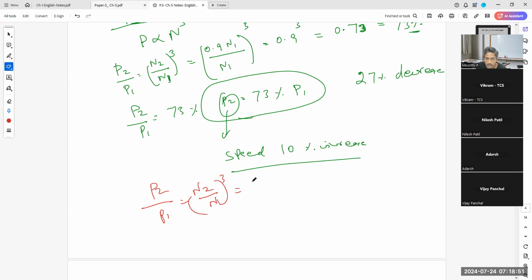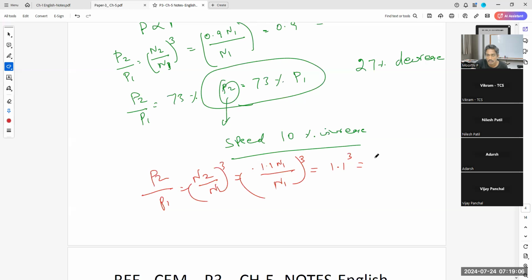Tell me the value. N2 is 1.10 times N1, whole cube. N1 cancels. 1.1 cube. What is the value? 1.331.